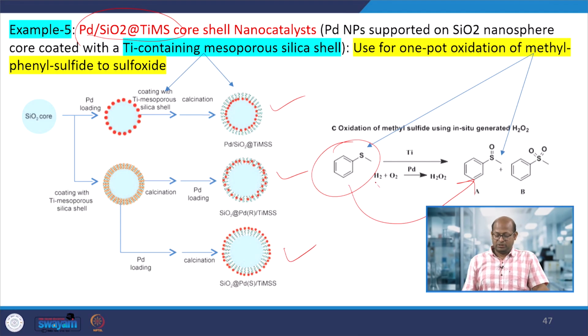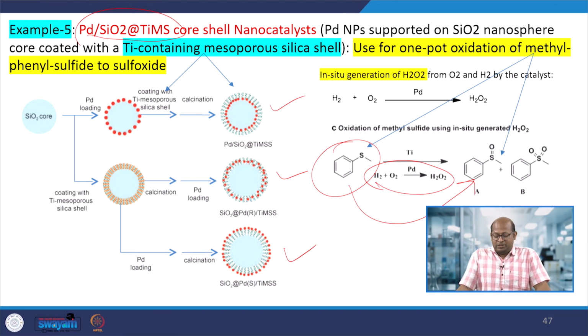Here the role of palladium is to convert hydrogen and oxygen present in the peroxide, which actually oxidizes the sulfur present in the methyl phenyl sulfide. Okay.